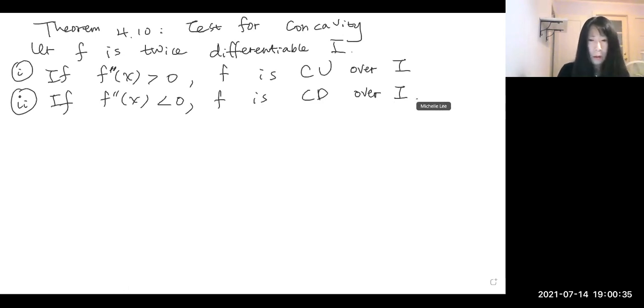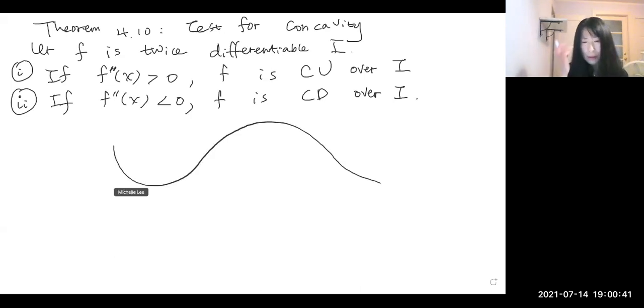Okay, so let us talk about this one. If we have a graph like that, then this is concave up, and this is concave down. We know that. Here f prime is less than 0, then f double prime is greater than 0.